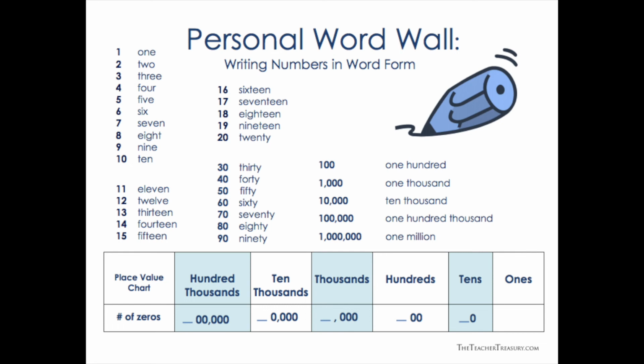Now we are going to find 50 on our personal word wall, which is where your numbers are, and you're going to write 50 next to the 400. Once you have found it, I'm going to give you some time to write that down. And again, if you need more time, just pause this video.